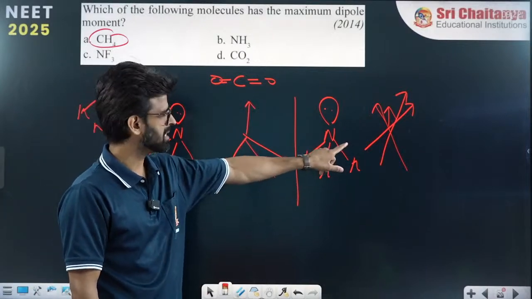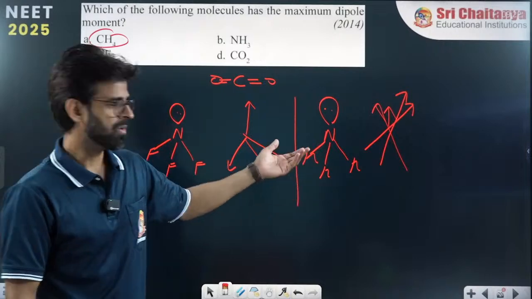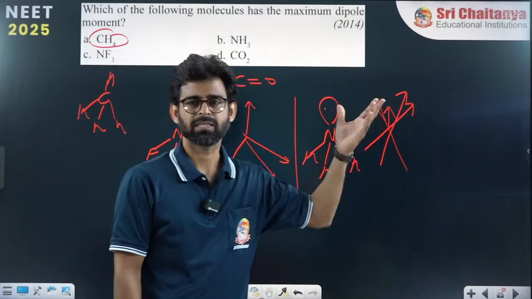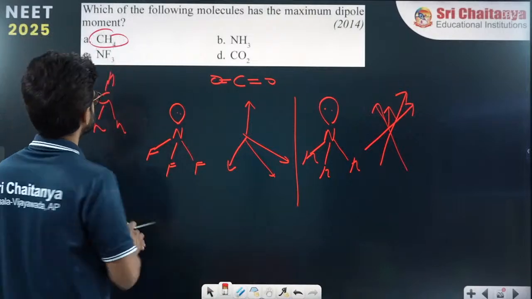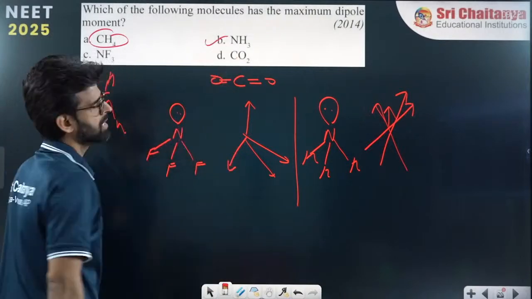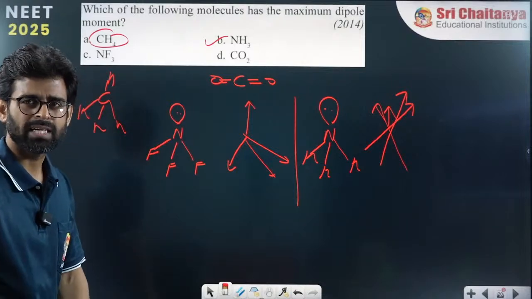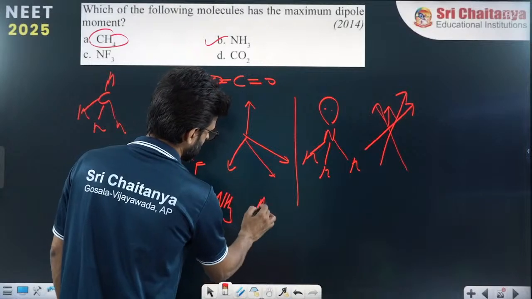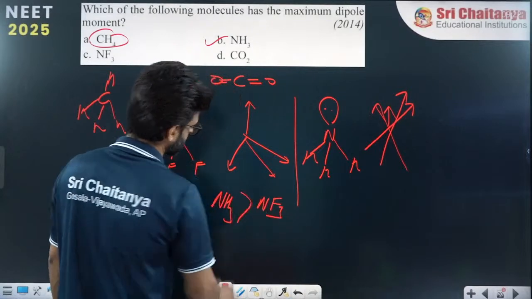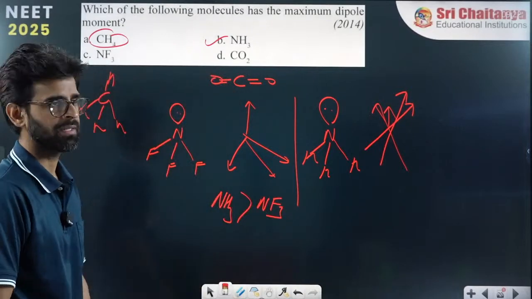But here cancellation is very less or negligible, or you can say all of them are going in the same direction. So they will add up, right? The net dipole moment is maximum for which one? Ammonia here. It's a very important NCERT question. If I compare the dipole moments of NH3 and NF3, definitely NH3 is more polar than NF3, right?